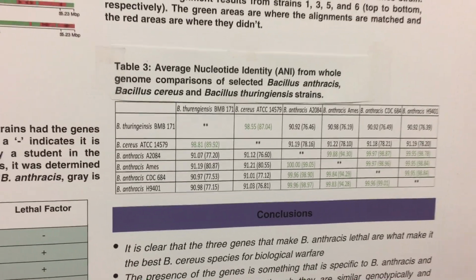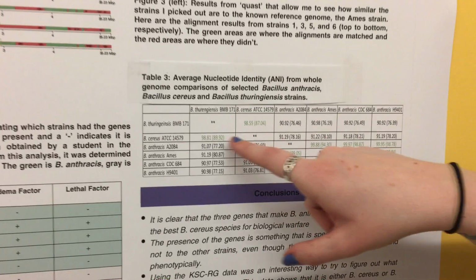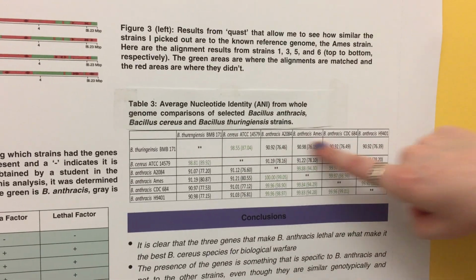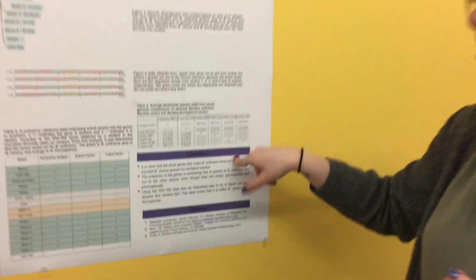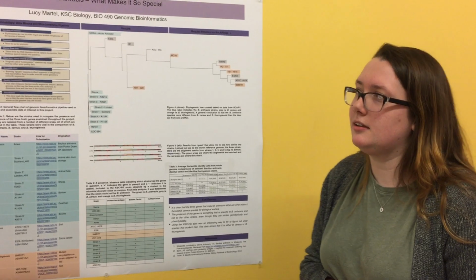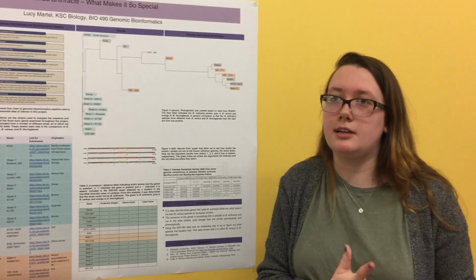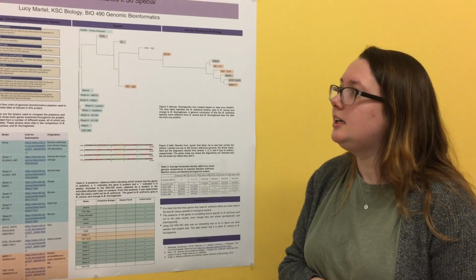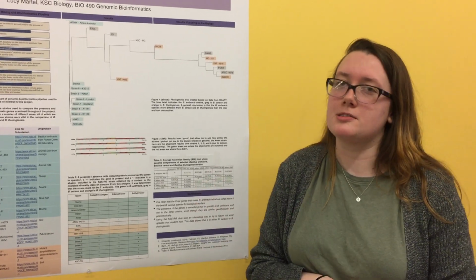Basically what you can see here is that Bacillus thuringiensis and cereus are very closely related to one another, but they're not close enough to Bacillus anthracis, and vice versa for the other ones. So basically, I was able to determine that Bacillus anthracis is relatively different from Bacillus thuringiensis and Bacillus cereus, but those two latter ones are very closely related.